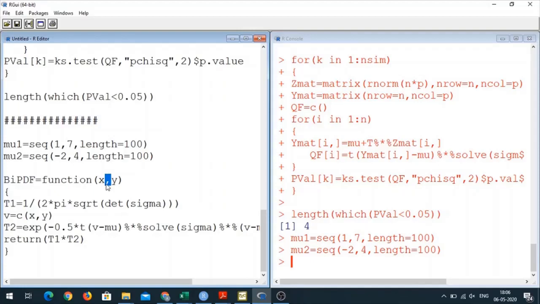Now I don't want to compute the PDF, I want to compute the likelihood, so it has to be a function of mu1, mu2. So let me call them m1, m2. Sigma is known, we will use that. V we won't take.